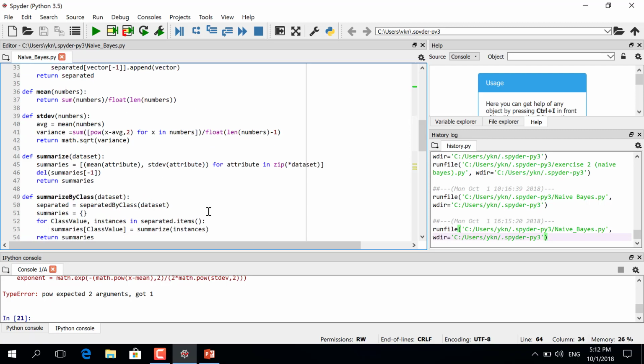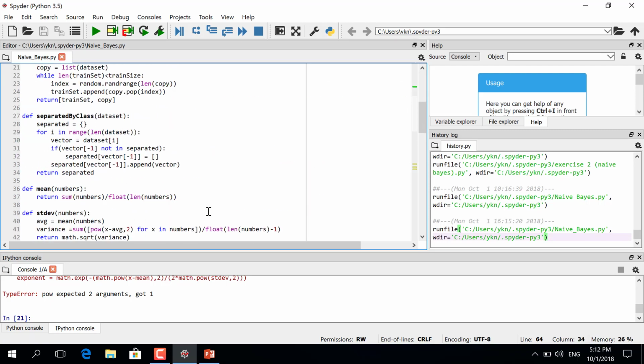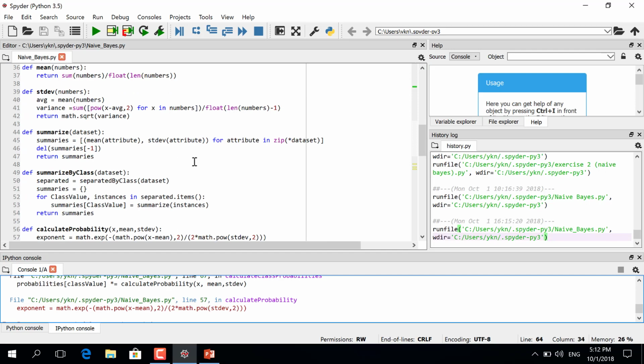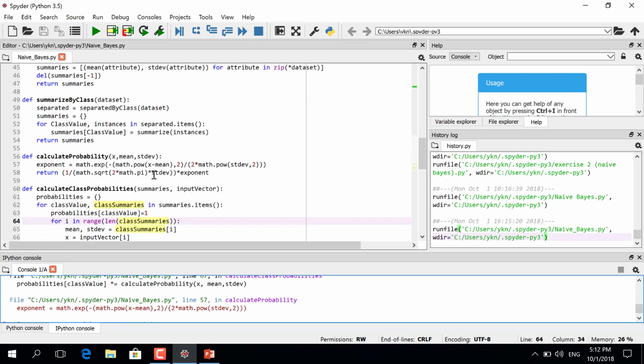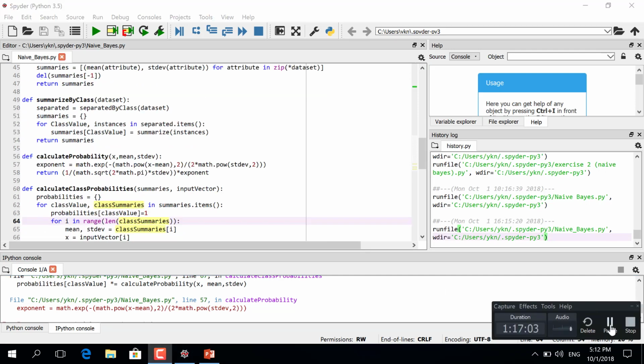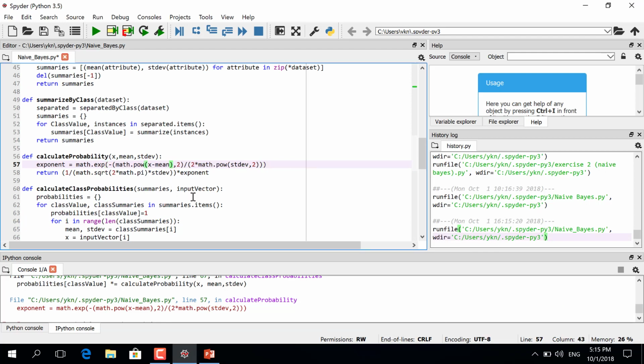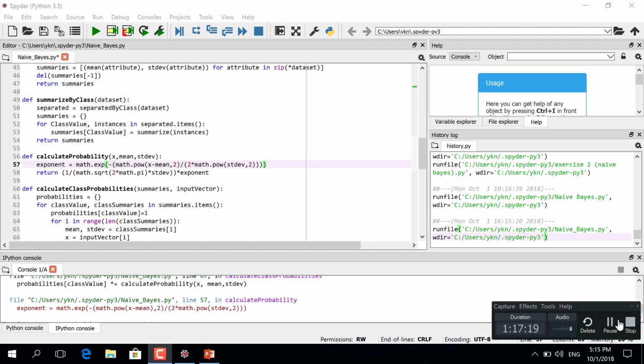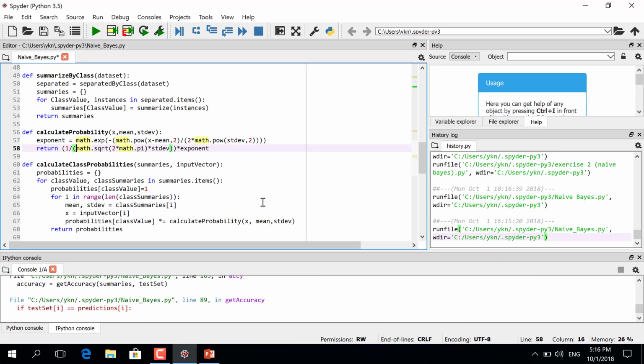Pow expected 2 arguments, got 1. Line 57. Okay, let's see what the problem is here. Now we have the problem here. X minus min should not be within the parenthesis, but here we have to add one more. Now let's check the calculate probability.